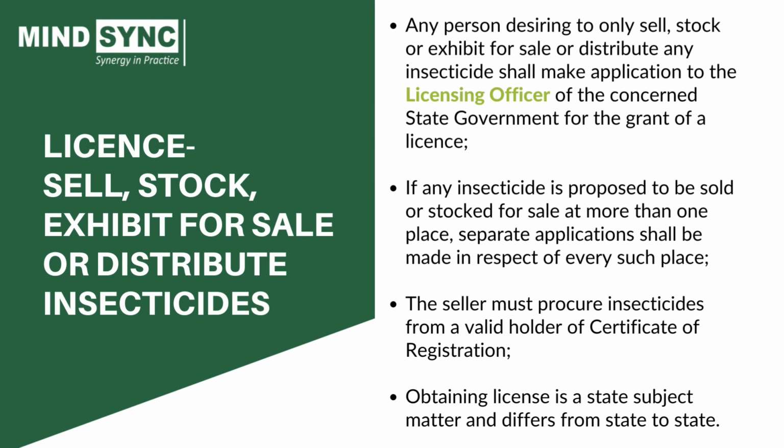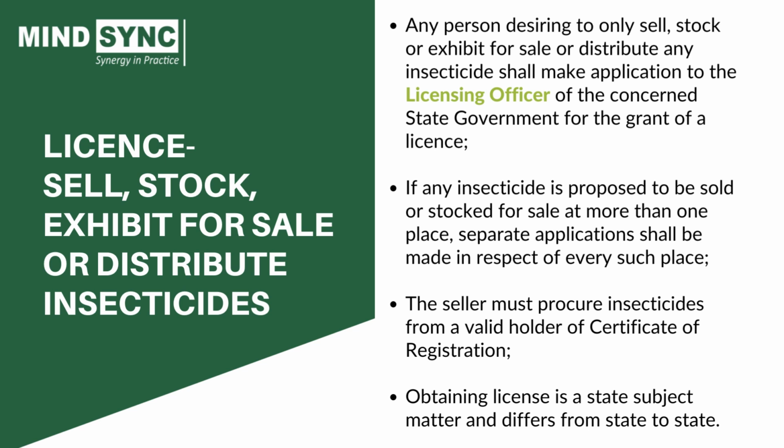Next is grant of license to sell, stock, exhibit for sale, or distribute insecticide. Any person desiring to only sell, stock, exhibit for sale, or distribute any insecticide shall make an application to the licensing officer of the concerned state government for the grant of a license.